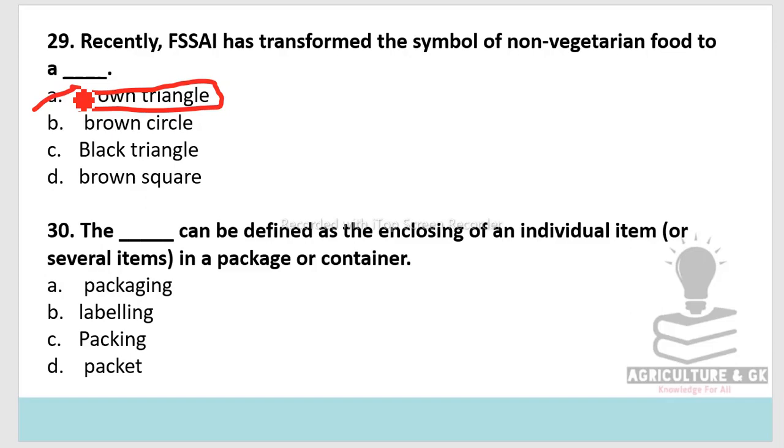So the packaging can be defined as the enclosing of an individual item or several items in a package or container. So our answer will be packing, option C. It is known as packing.